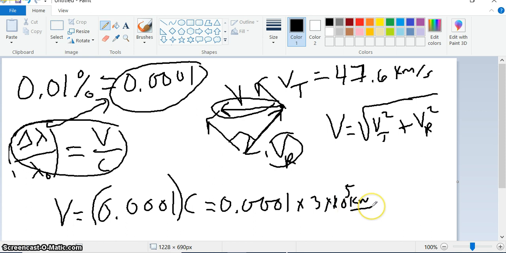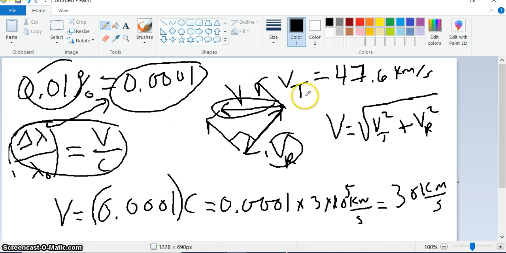That's why we're doing it in kilometers per second. If I multiply 0.0001 times 3 times 10 to the 5th, that becomes 30 kilometers per second. So basically a redshift of 0.01% gives us a speed of 30 kilometers per second.